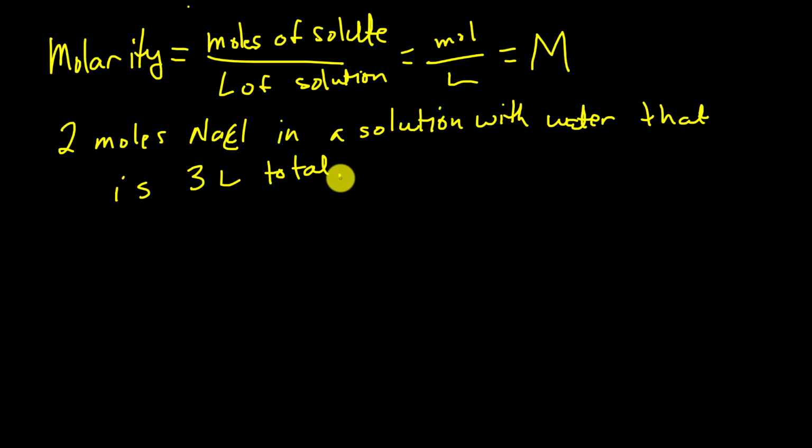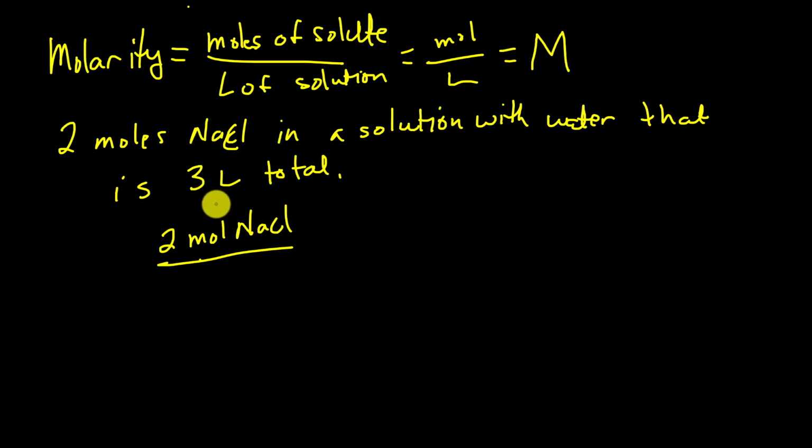And all we do, of course, is we take our moles of solute, and our solute here is the NaCl. And so we've got 2 moles of NaCl divided by our total liters of solution. Now it's really important here that we look at the liters of the solution.